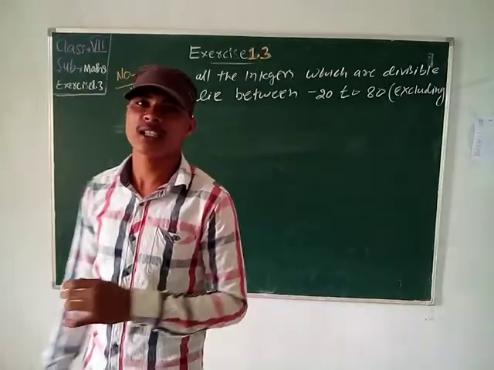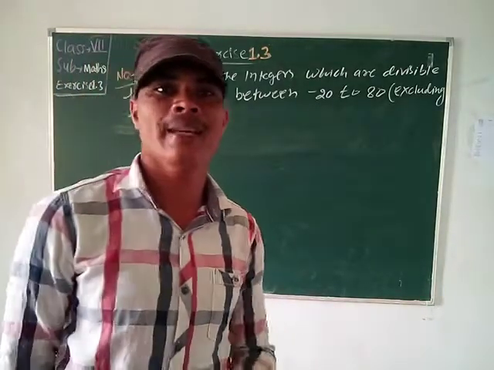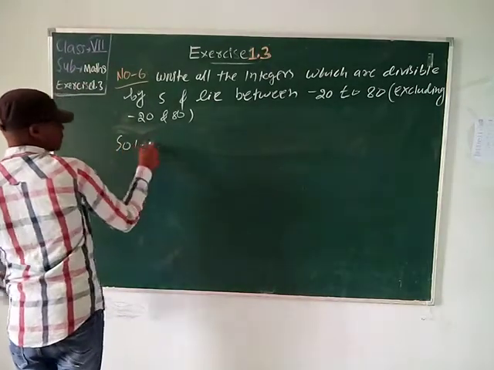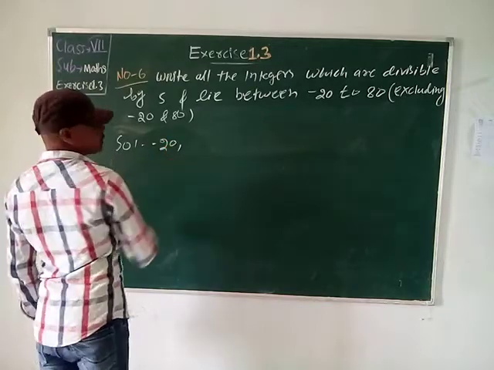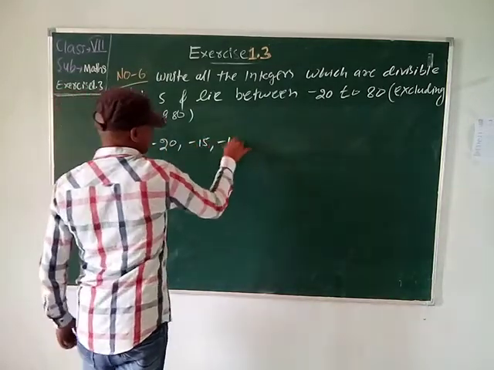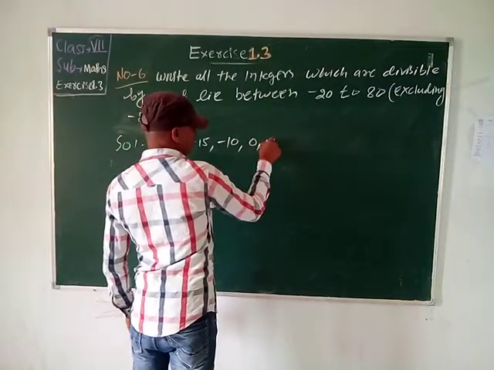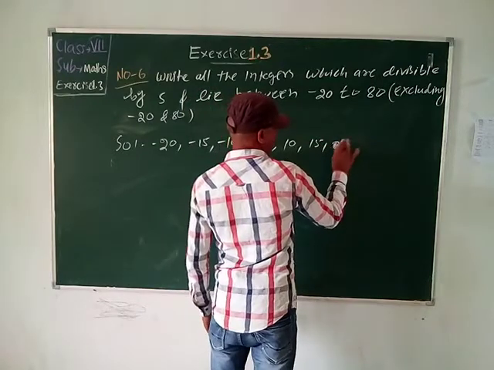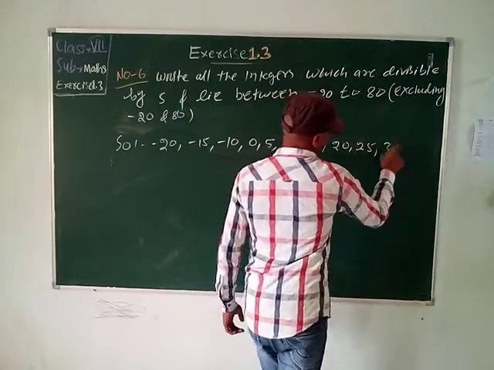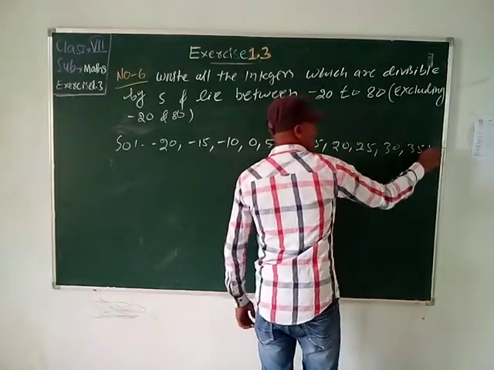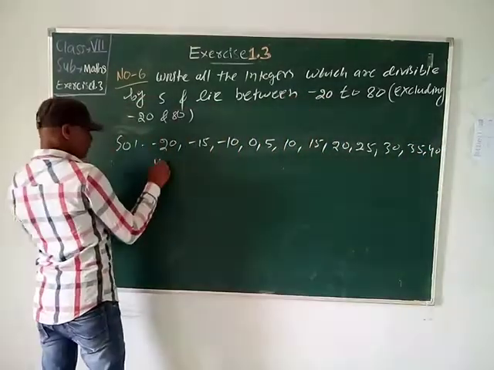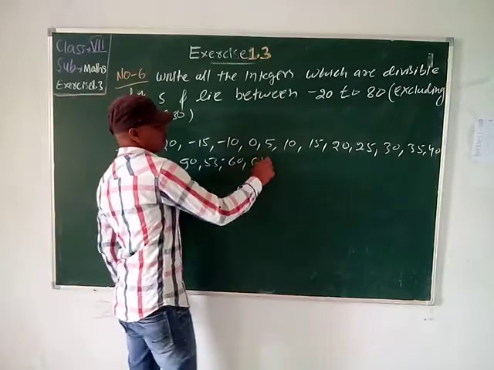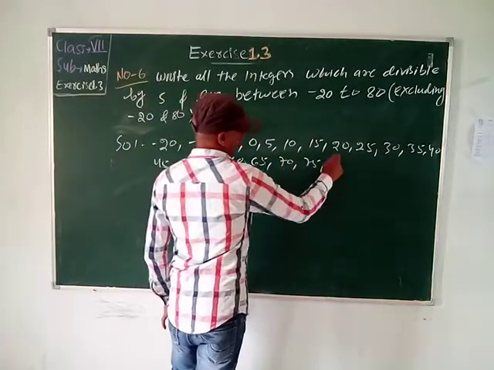Then we know what the divisibility rule is: the number whose unit place is 0 or 5 is divisible by 5. So the solution, we write here minus 15, then minus 10, then 0, 5, 10, 15, 20, 25, 30, 35, 40, 45, 50, 55, 60, 65, 70, 75, 80.